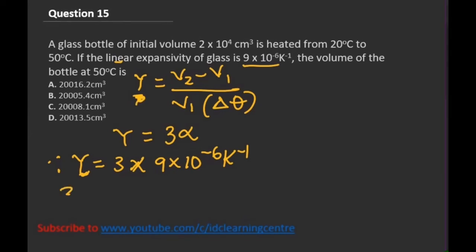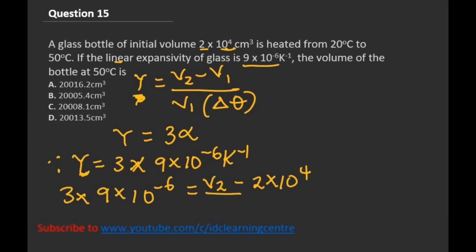We have 3 times 9 times 10 raised to power minus 6 equal to the final volume V2 minus the initial volume, which was given here, 2 times 10 raised to power 4. Now divide by, still on the formula, initial volume V1, which is 2 times 10 raised to power 4, bracket change of temperature from 20 degrees Celsius to 50 degrees Celsius will give us 50 minus 20.